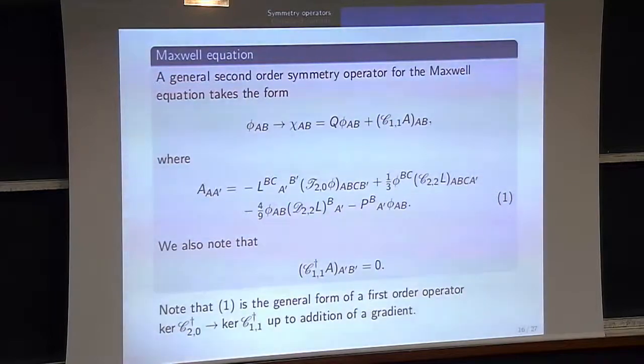It's also noteworthy that the chiral dagger of A is 0, and this will be used a bit later. And actually this form here is the general form of a first order operator which satisfies this; you can add a gradient of a scalar that you form from phi 2. But apart from that, it is the general form.